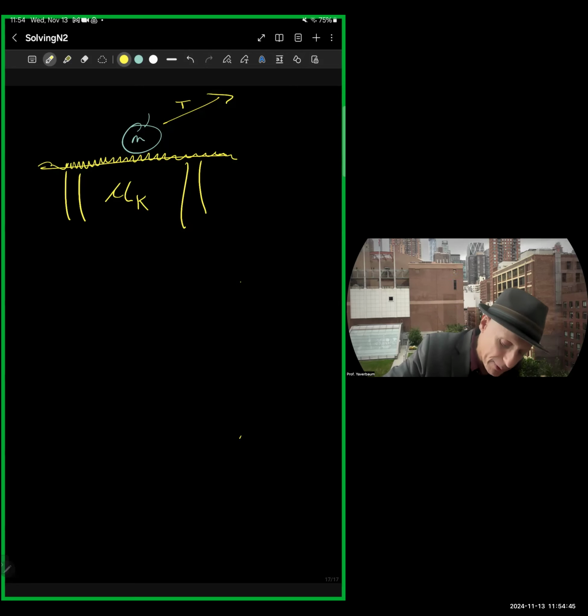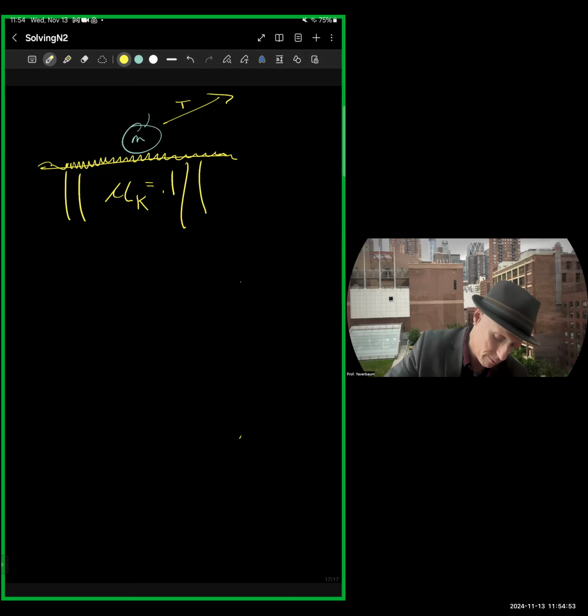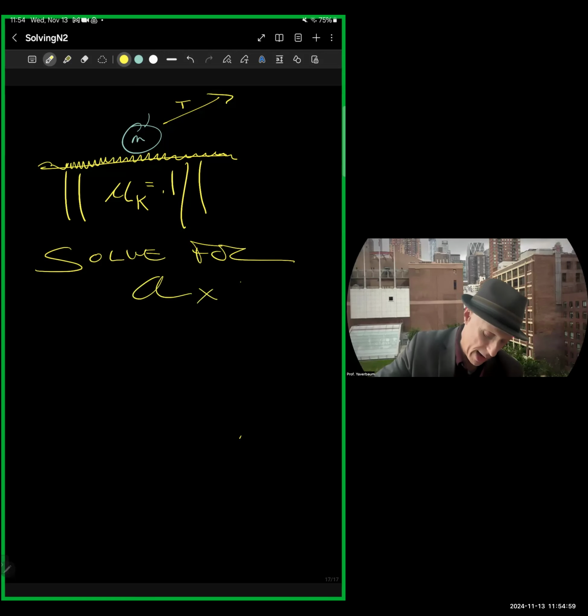And let's say in this example that number is 0.1. Now I want to resolve the problem. I want, once again, to solve for a sub x. And along the way, I want to note what the normal force equals.